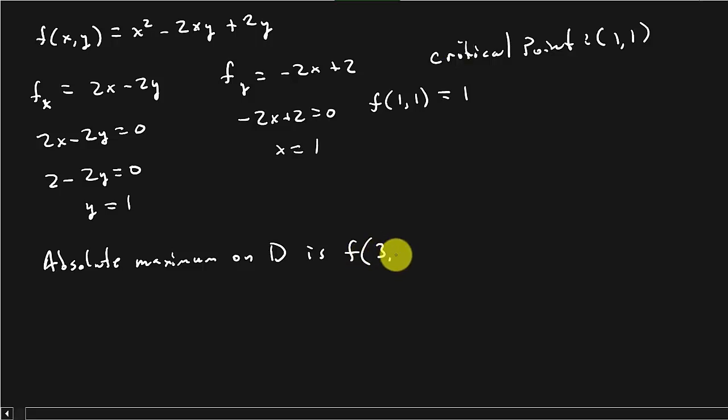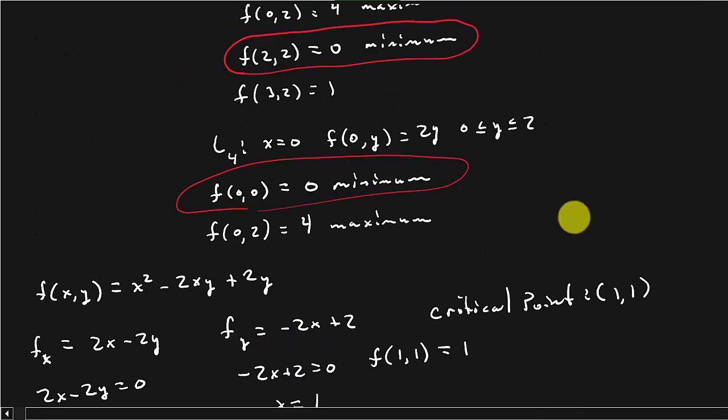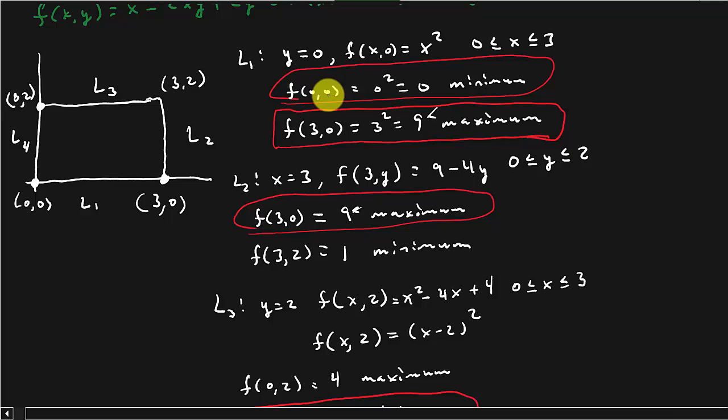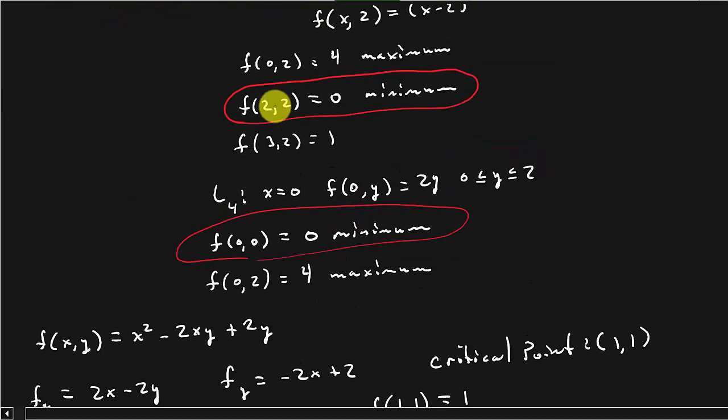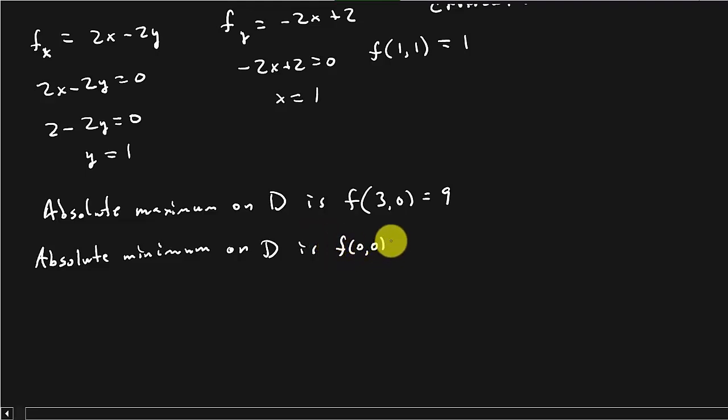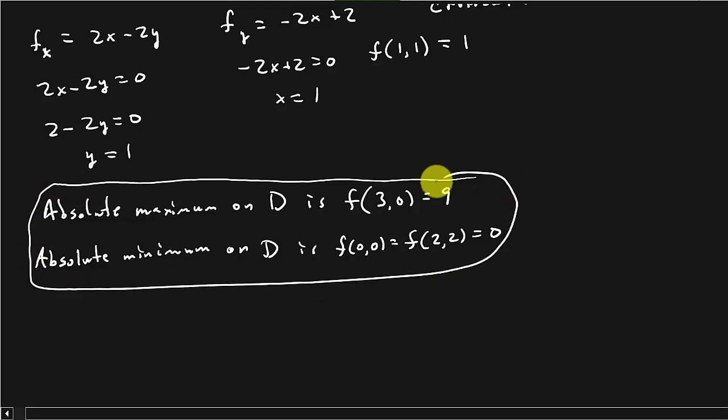And then we have an absolute minimum on D. That's where we're at 0. That occurred at 0, 0, and it occurred at 2, 2. So the absolute minimum on D is f of 0, 0, which is equal to f of 2, 2, which equals 0. There's your absolute minimum, and there's your solution.